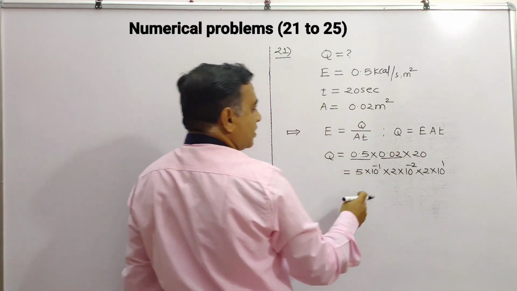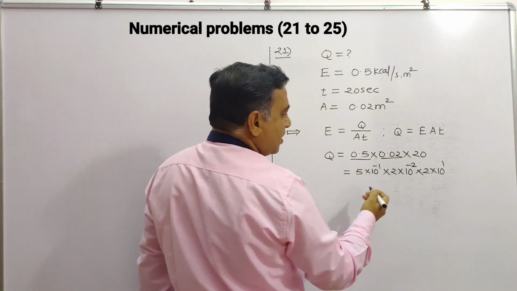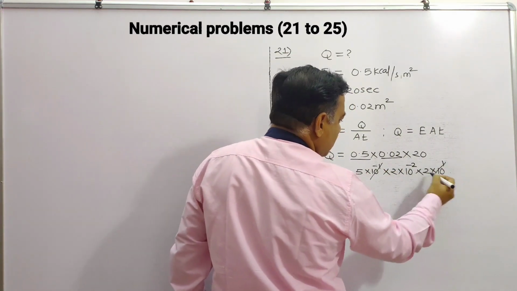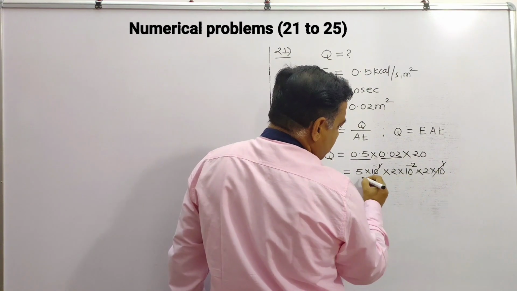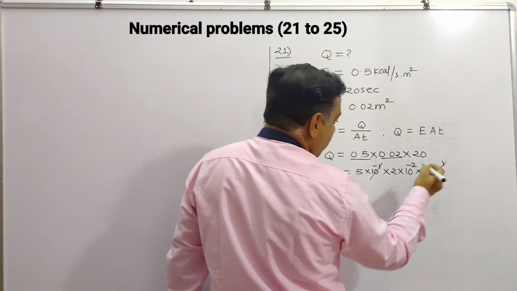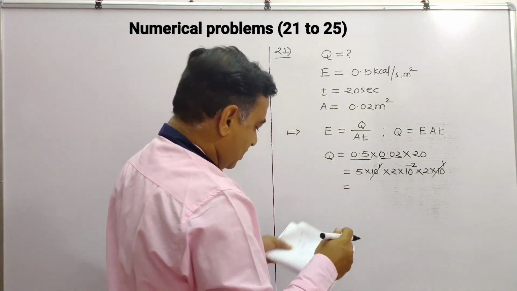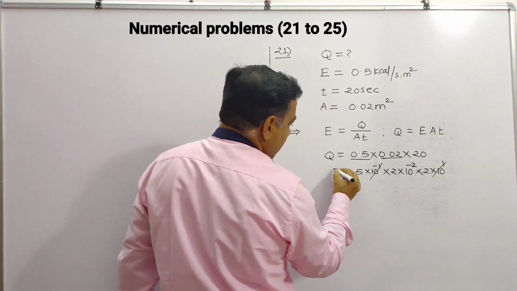So go on collecting the power: minus 3 plus 1. That gets cancelled. The only remaining factor is 5 into 2, 10, 10 into 2, 20. So accordingly I am going to get the answer.